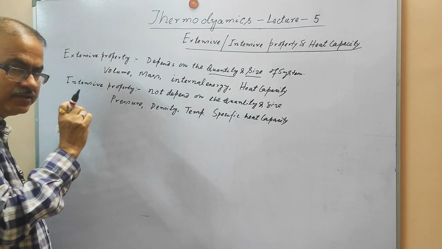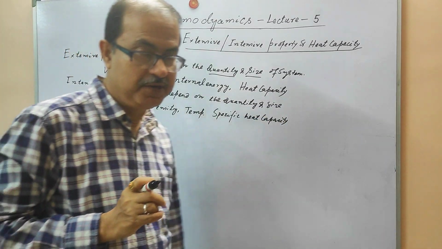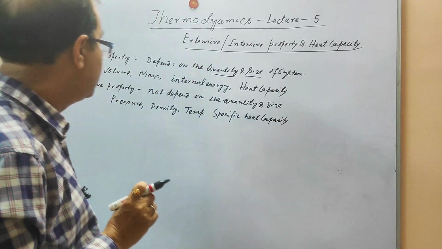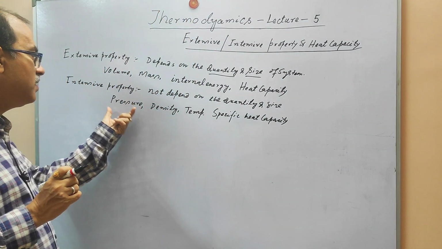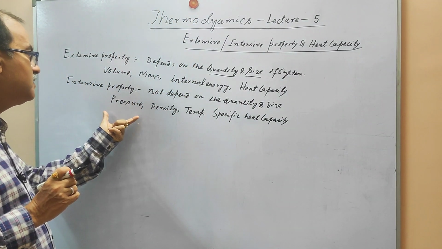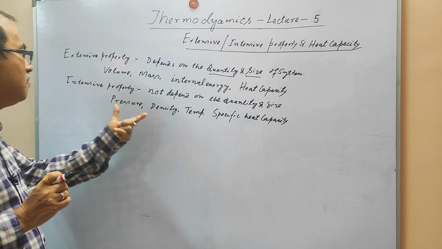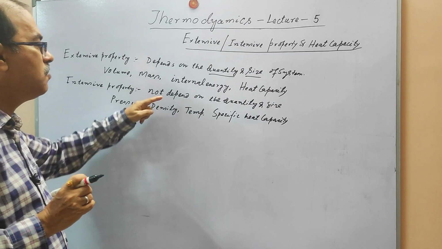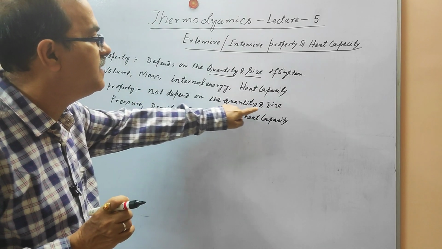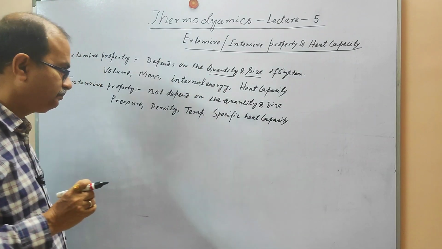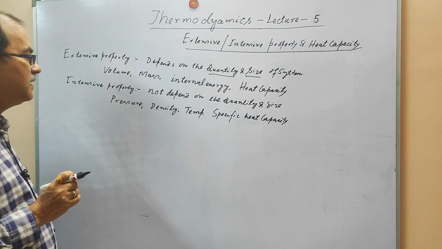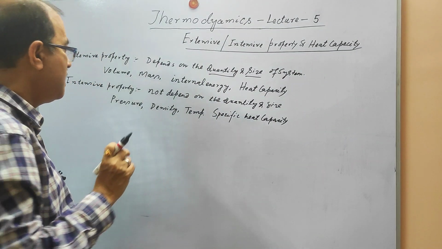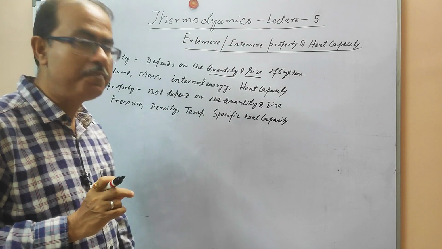And if we analyze why these are intensive properties, we can easily understand one thing, that this quantity, that is the physical property of the system, does not depend on the quantity and size of the system. Now let us understand in depth how to distinguish these two properties.